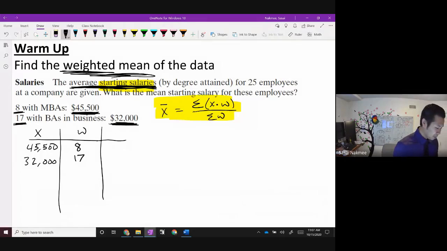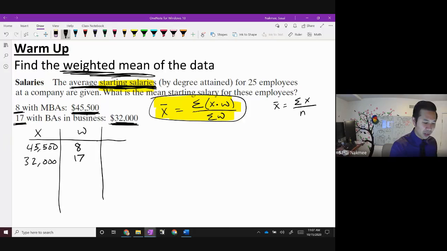Once you have that set up, the calculation for the weighted mean is this guy right here. I know you're thinking that looks so confusing, but it's not that much different from a regular average. The regular average is the sum of all your data points divided by how many data points there are.